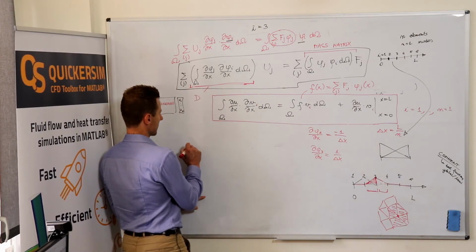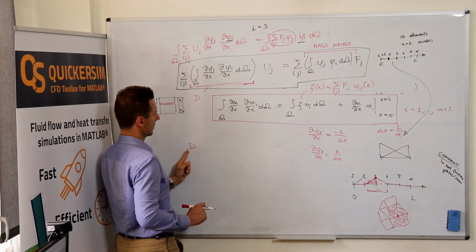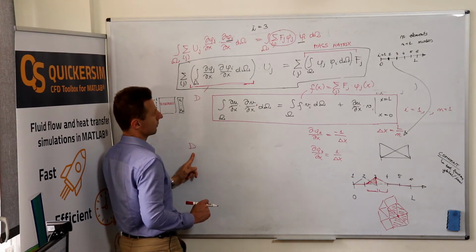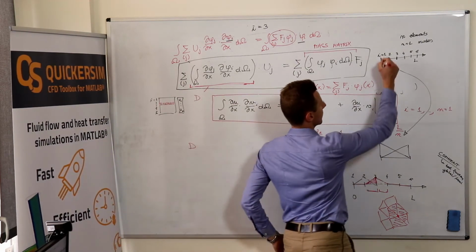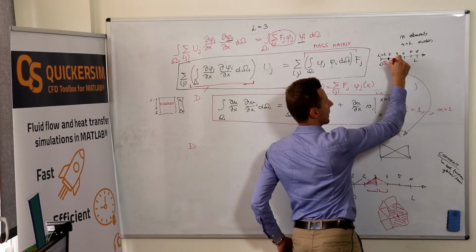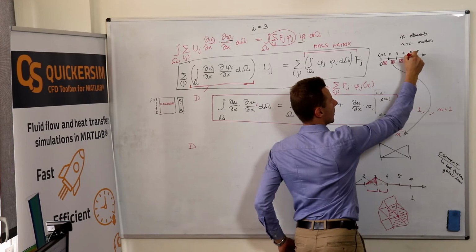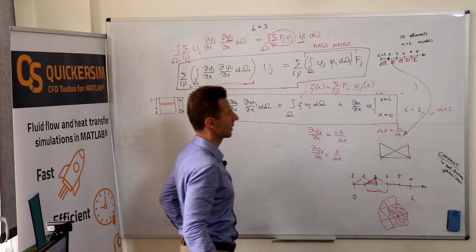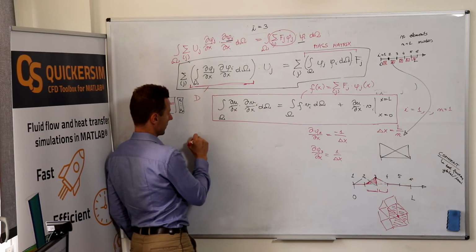So let's write the diffusion matrix, local diffusion matrix for, let me call it, first element, second element, third, fourth, fifth element. Let me write it like that.